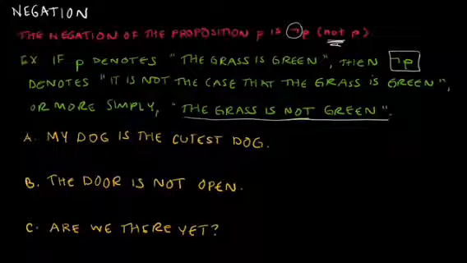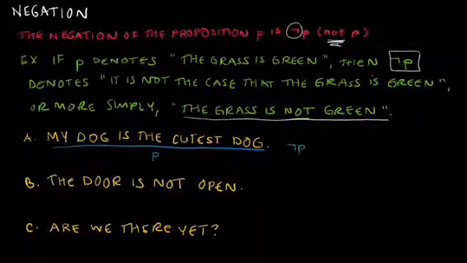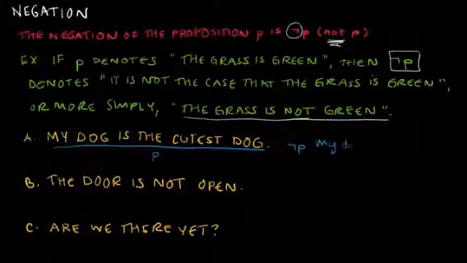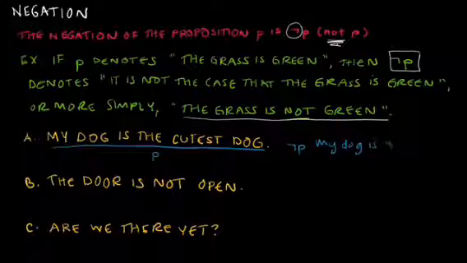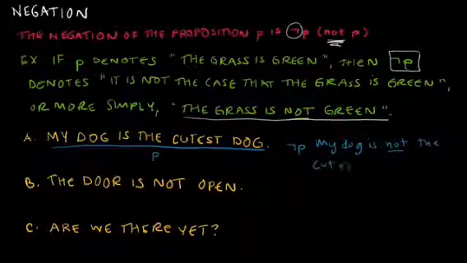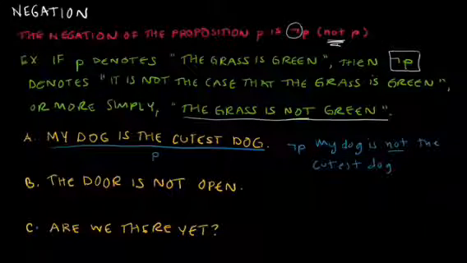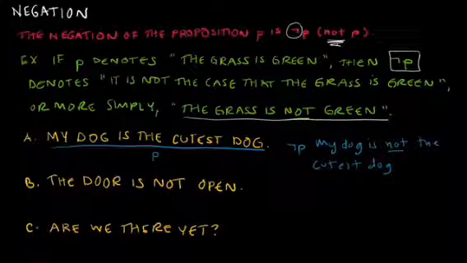So my dog is the cutest dog is my proposition P. If I want to write not P, then it would be my dog is not the cutest dog. So that is not P. Again, we could say it is not the case that my dog is the cutest dog, but it's easier to write it the way we would normally say it in the English language.